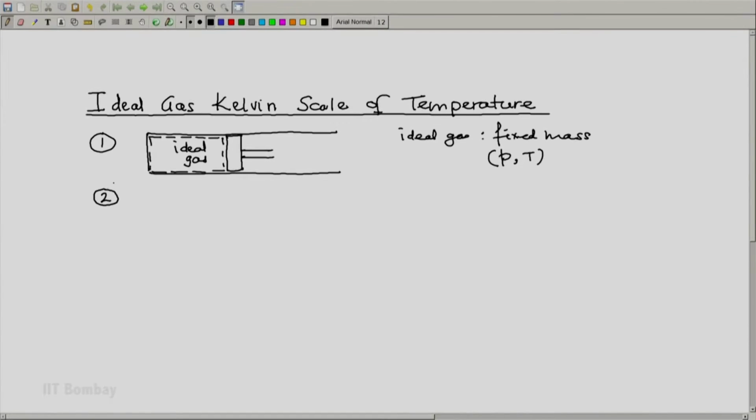Then we decide on a fixed point. For the fixed point, the state used is water, pure water, but at its triple point. Now we know that water exists in three phases: solid, ice, liquid, water itself, and gaseous or vapor phase, which is steam.